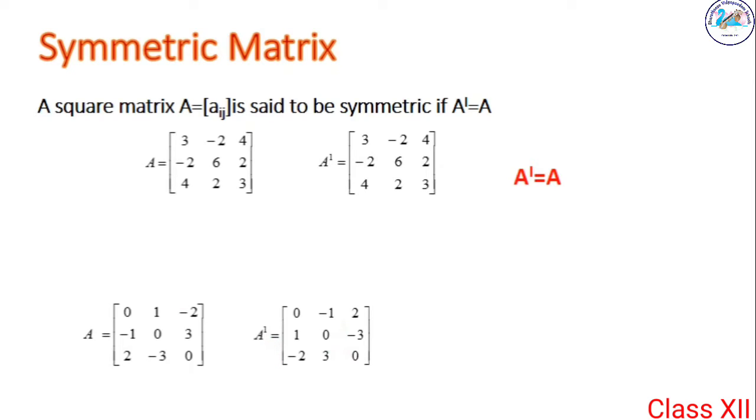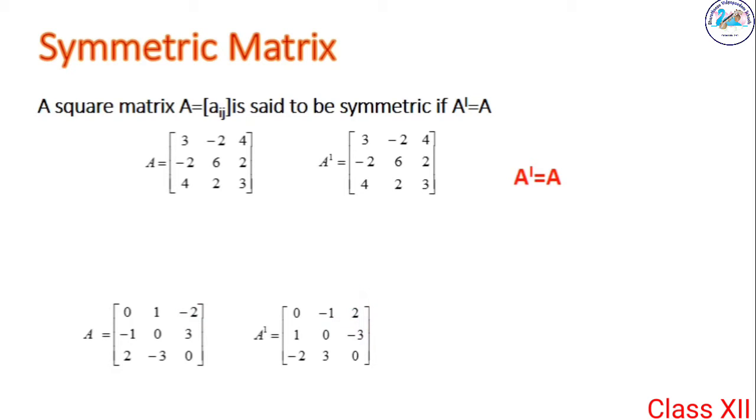As before, we have to observe A and A transpose. Here there is a little difference when you compare A and A transpose. Whatever elements are there in A transpose have the opposite signs. Here 1 is there in A, and in A transpose it becomes minus 1. Here minus 2 is there in A, and the same position in A transpose has 2.